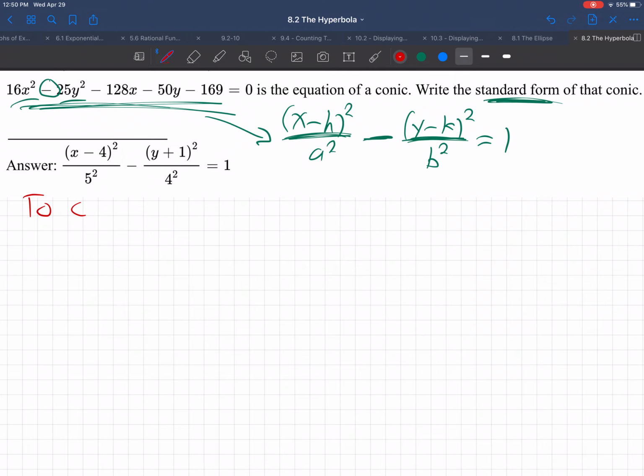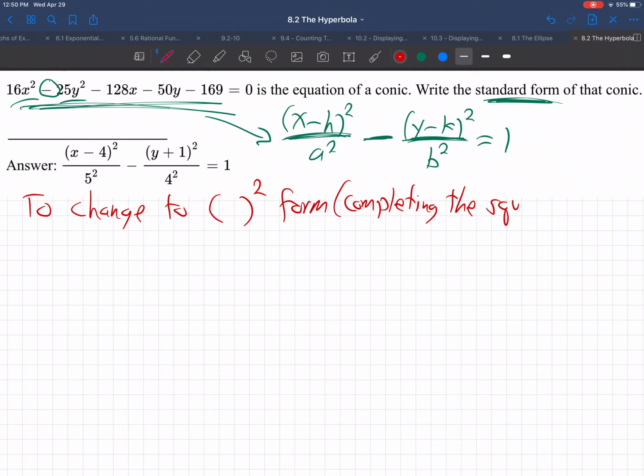So to change to parentheses squared form, what's called completing the square, what do we have to do? Step number 1.